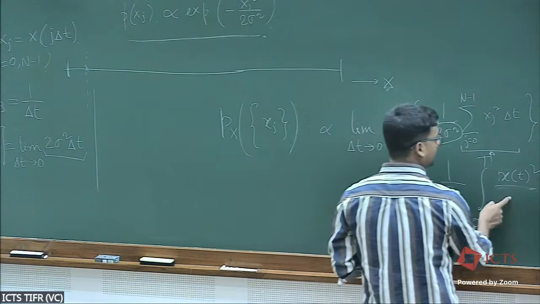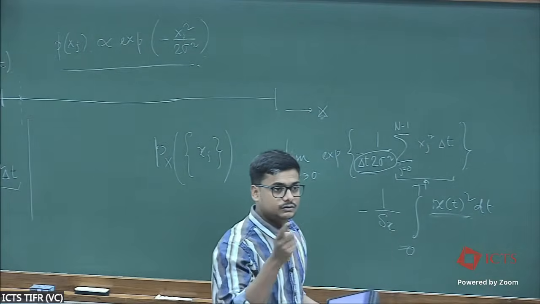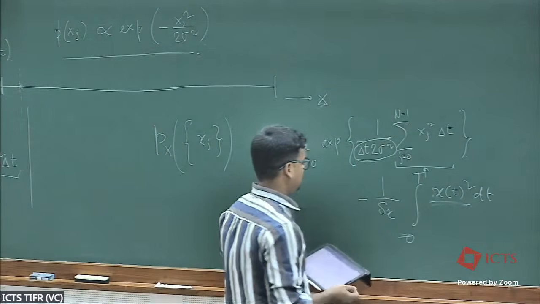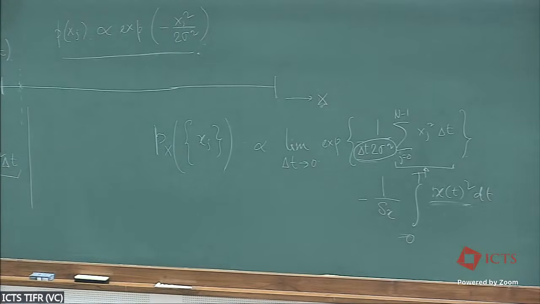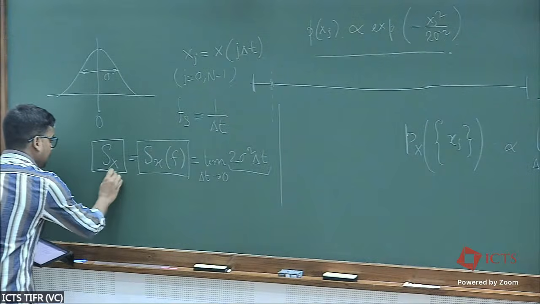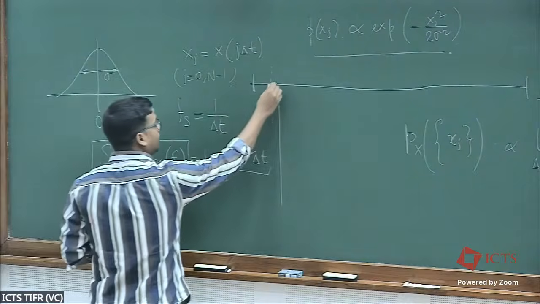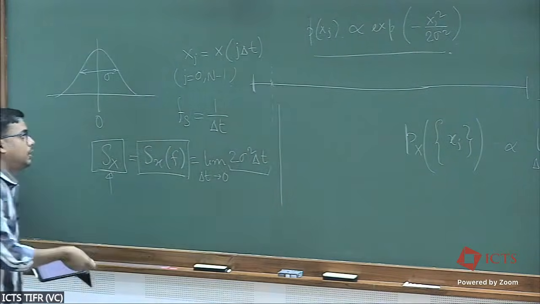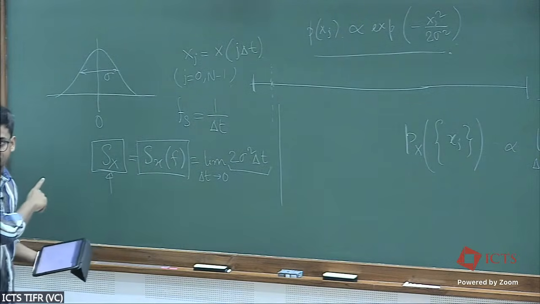So this is the power in time domain. So Sx is the PSD of our noise. You can derive this, but for now, you assume that at each point, the noise probability is Gaussian with the variance sigma square, or the standard deviation sigma.